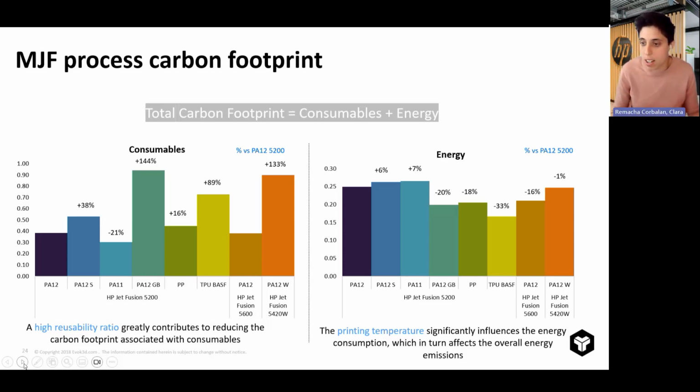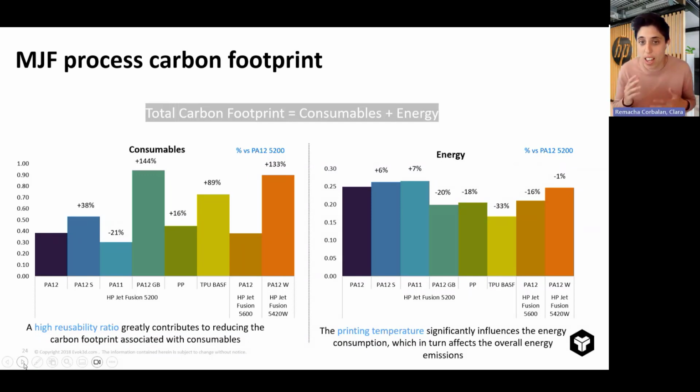The energy that is put in depends on the melting point of the material. PA11 has the highest melting point of the different materials we have in our portfolio, versus TPU, which has the lowest melting point and therefore uses the lowest amount of energy. So that also needs to be put into the calculation.